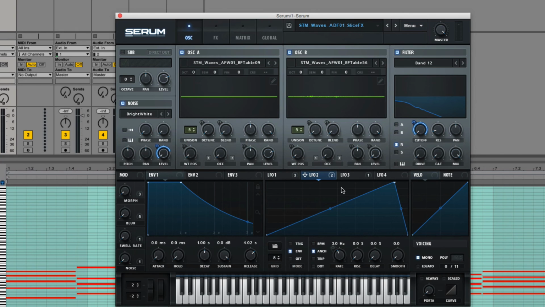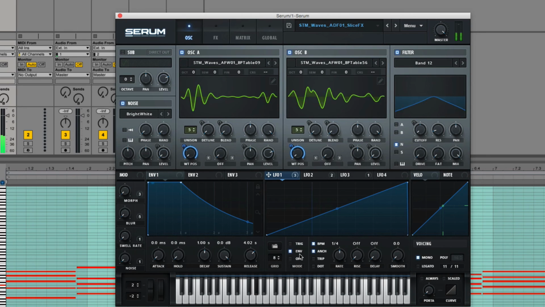So then we also have a second LFO for the noise and the bandpass, and it's important to note that these are set on envelope mode so that they're one shot. You press it one time and it only runs once.